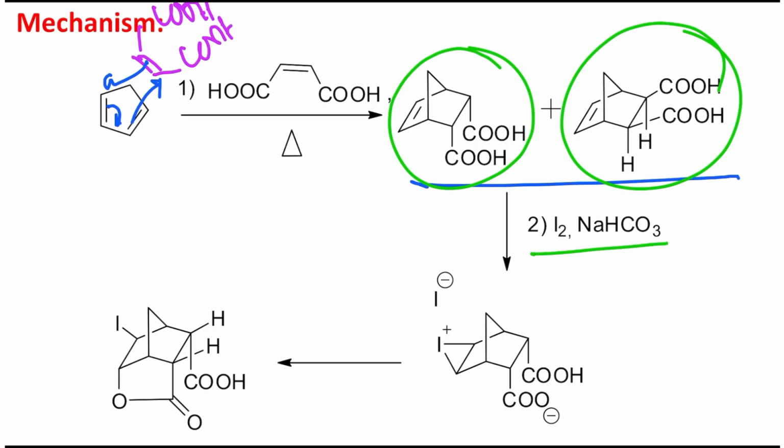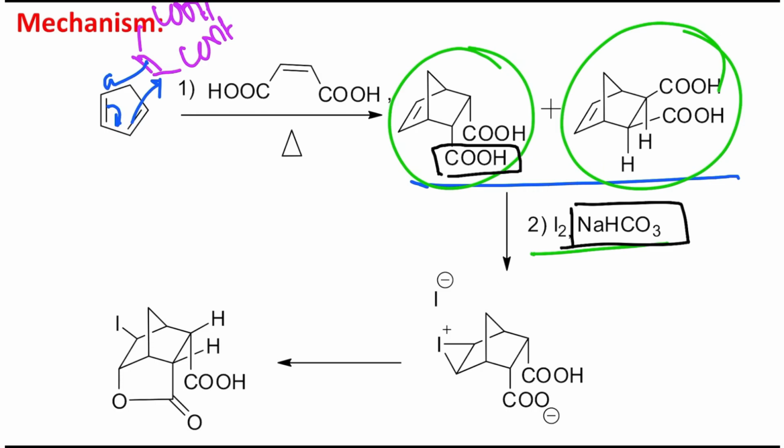Now how can it react? If you look at the reagents for iodolactonization, there are two. One is sodium bicarbonate, which acts as a base to deprotonate the carboxylic acid so that it can act as a better nucleophile for the iodolactonization reaction.